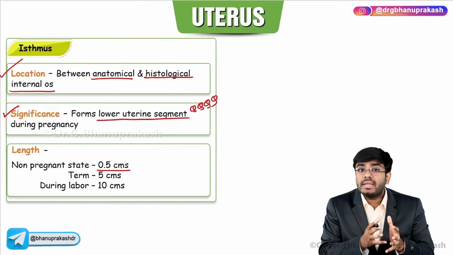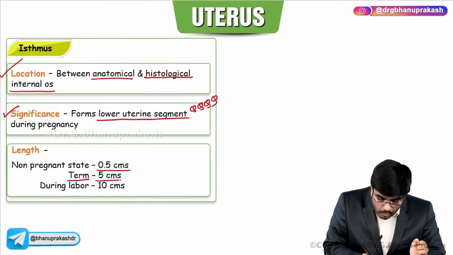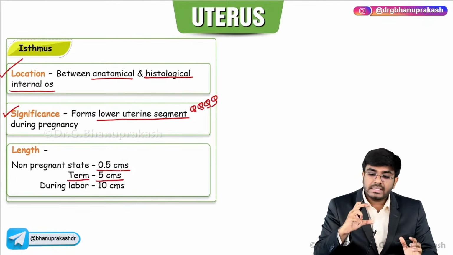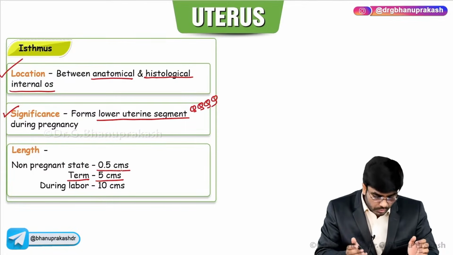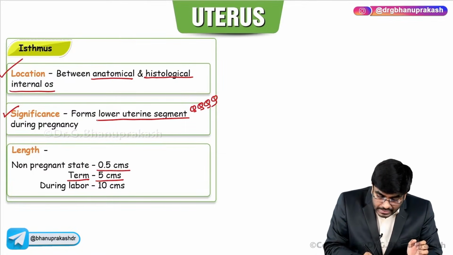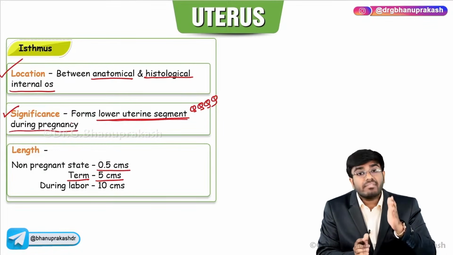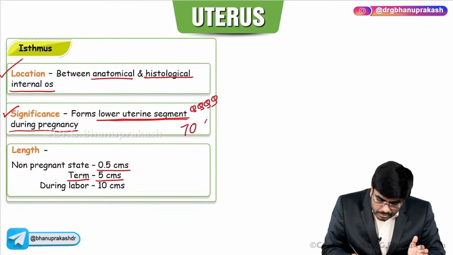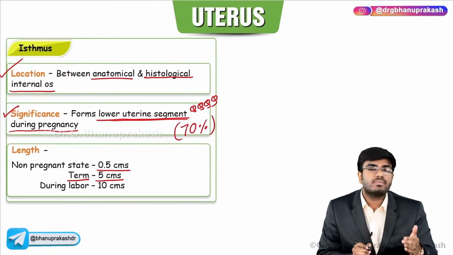When she becomes pregnant, especially at term, it's almost 5 centimeters. It increases in length to accommodate the baby. So the significance is that it forms the lower uterine segment. Even though the lower uterine segment is also formed by the cervix, 70% of it is formed by the isthmus. The remaining 30% is formed by the cervix.